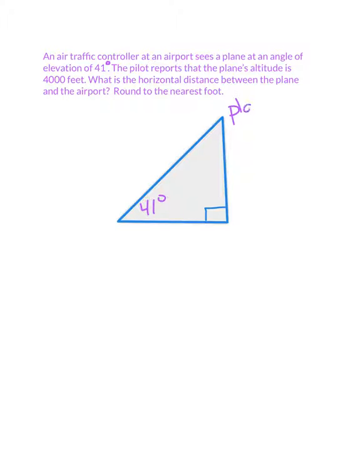Sometimes I'm not really very good at drawing, so I'll just write the word plane. And the air traffic controller, so the controller is down here on the ground somewhere looking up. The pilot reports that the plane's altitude is 4,000 feet, so I'm going to mark that. Altitude is my height. And I want to know the distance between the plane, which would be from the altitude, and the airport. So the airport's here, so that's x.